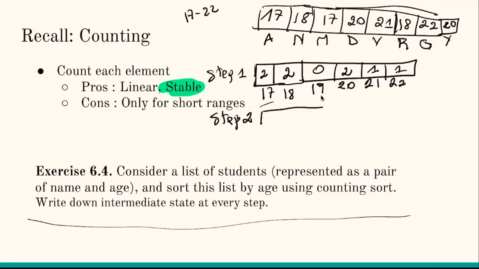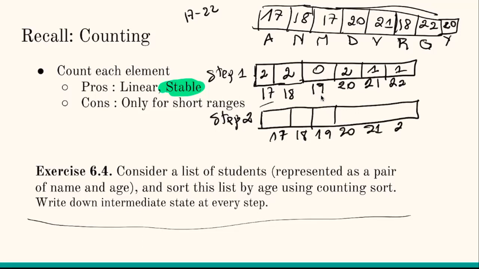So in the second step, we compute the accumulated sum, which is like we have the same array, 19, 20, 21, 22. So for the accumulated sum, we have 2 for 17, okay? This means that after the index 2, we should already have all the 17, okay?